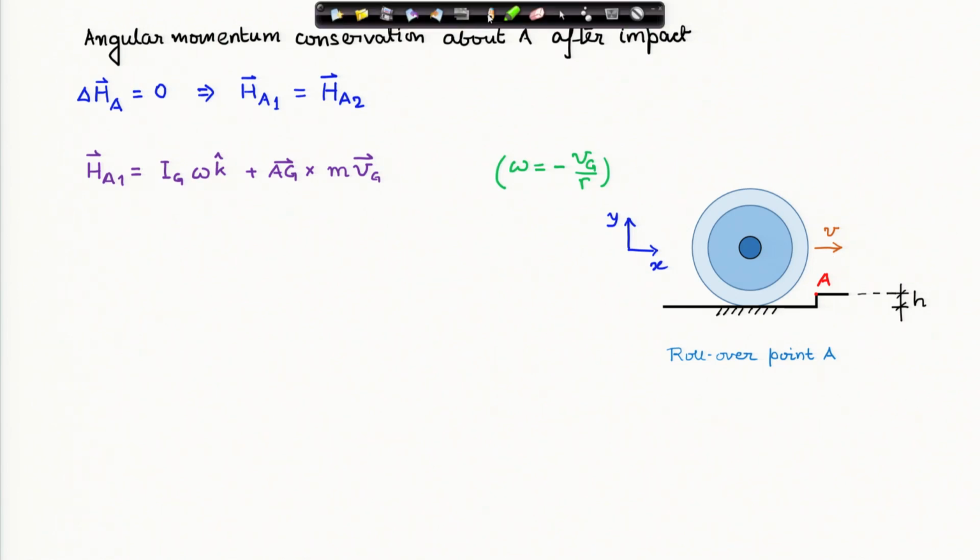Therefore, my angular momentum expression before impact has two contributions. The first one is because of the rotation about the center of mass, I G, moment of inertia about the center of mass, times the angular velocity of the wheel, plus this is because of the translation of center of mass. G is of course the center of mass.